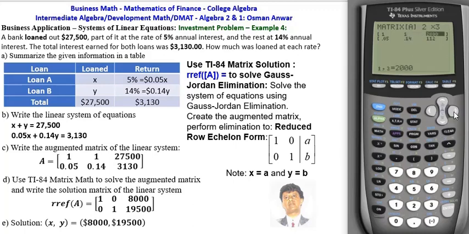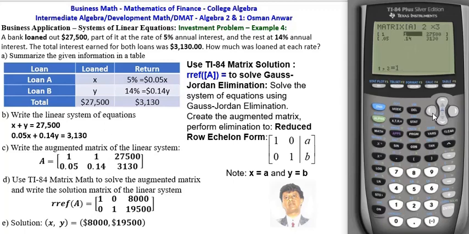Augmented with 27,500 and 3,130. Okay. Make sure your entries are correct.